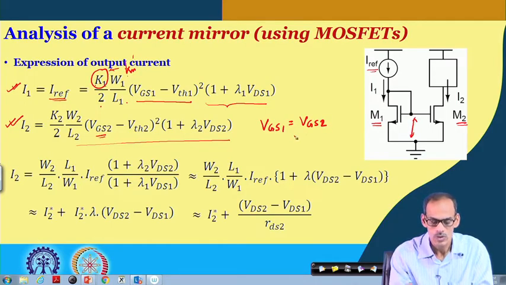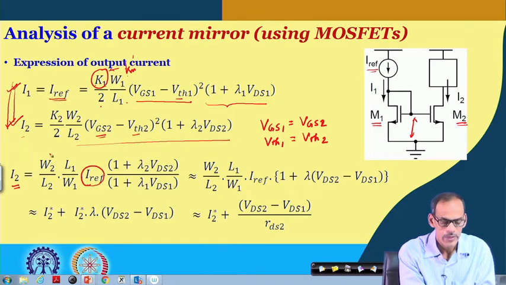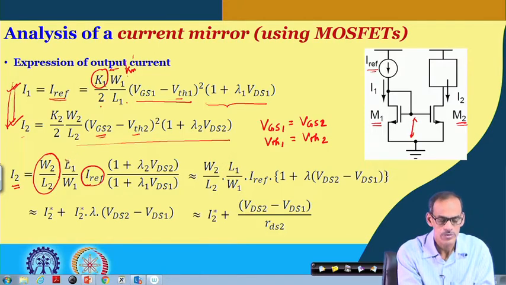And also, if we consider the threshold voltages here and here to be equal, namely VTH 1 equals VTH 2, then by taking the ratio of these two currents, we get the expression of the current I 2 in terms of the reference current, and then W by L of transistor 2 divided by W by L of transistor 1.